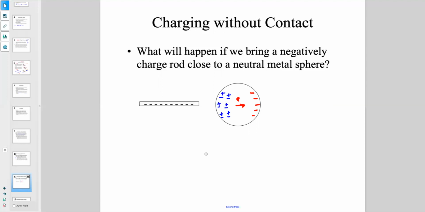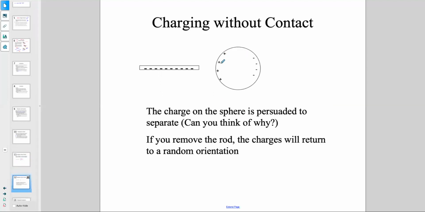In other words, what's going to happen is that you will have all of these positives on one side and all of these negatives on the other, because these electrons are repelling the electrons of the sphere, and they will go all the way to the maximum that they can go, okay, which is the other side of the sphere in this case, because electrons and electrons are repelling. Remember, protons are fixed.